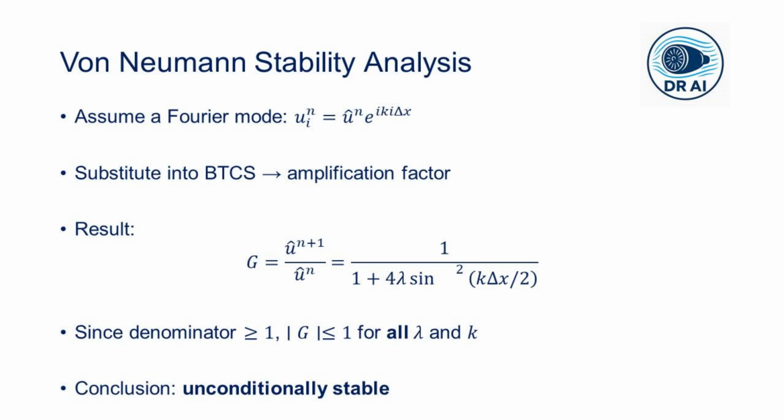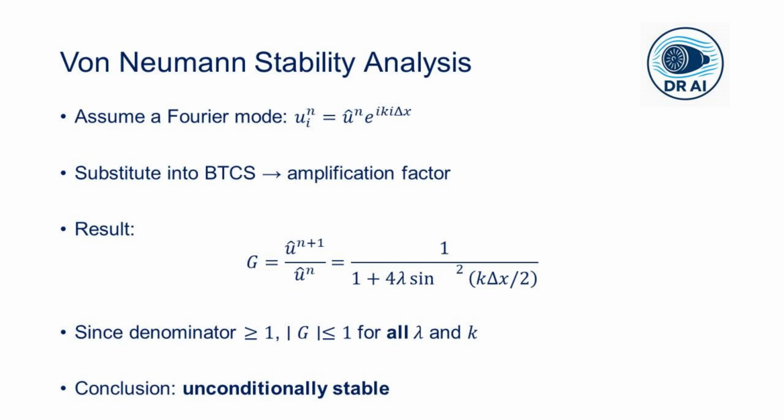So the term becomes as displayed, and when we plug this into the discretized equation and cancel the common factor, we can define the final amplification factor as g plus 4 lambda sine squared of k delta x divided by 2 times g minus g equals 1, which gives us the final form g equals 1 over 1 plus 4 lambda sine squared of k delta x divided by 2.